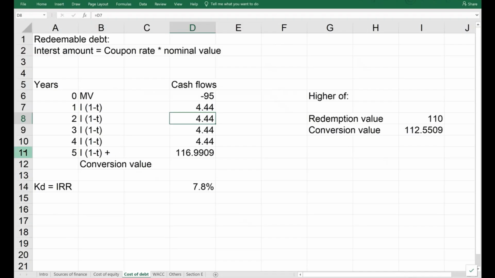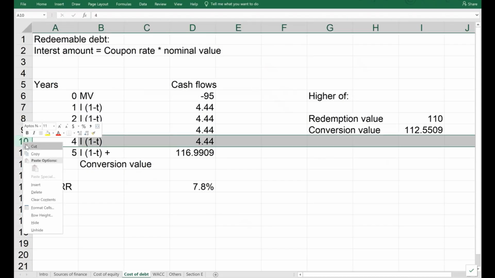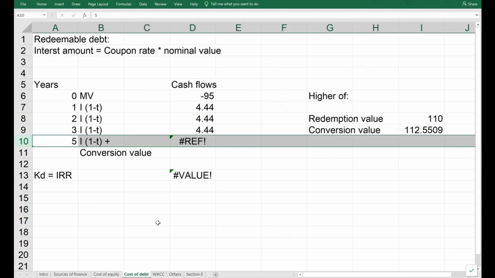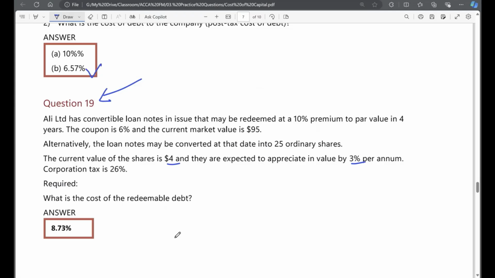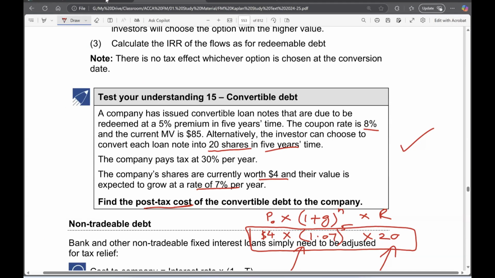Okay, it's 4 years. Okay, just remove one of it. 8.7%. That's it. That's how to find the cost of debt of a redeemable bond or convertible bond.